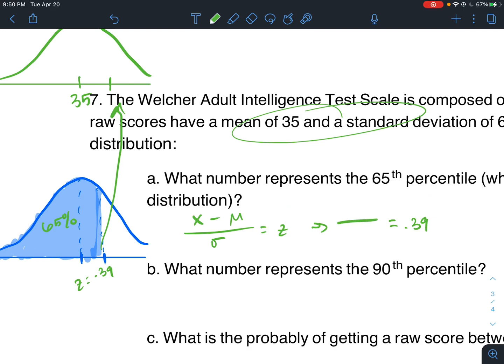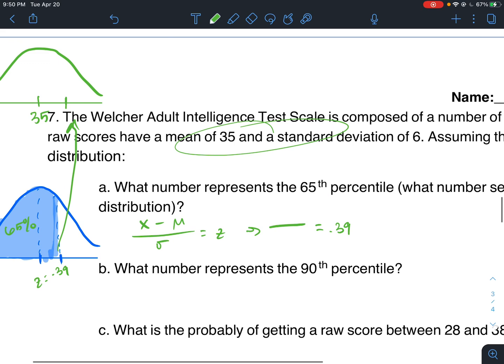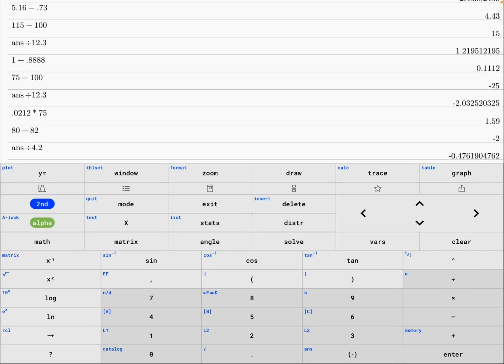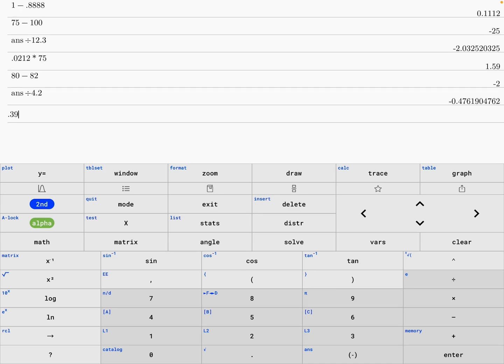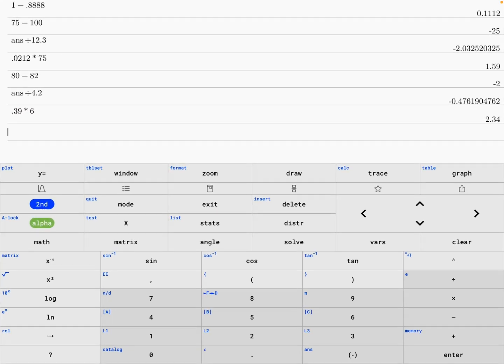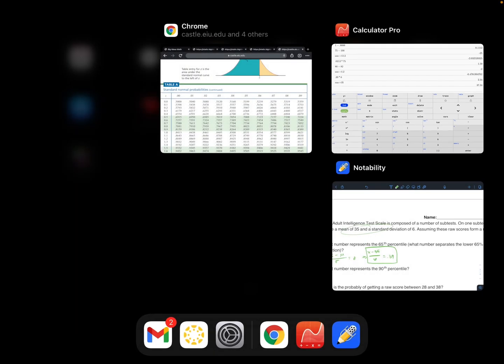I know that the standard deviation is 6, I know that the mean is 35, and I'm trying to find my x value right here. So I'm going to solve for x. To do that, I take 0.39 multiplied by 6, which is 2.34, and then I add 35, and I get 37.34.